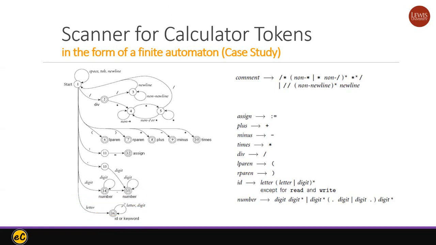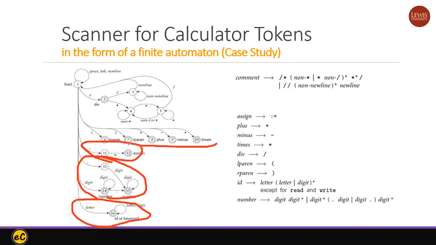So you write down ID or keyword here. You write down number here. You write down assignment here. You write down the basic left parenthesis and right parenthesis as operators here. You write down the division here. And this actually is the grammar for a calculator language.